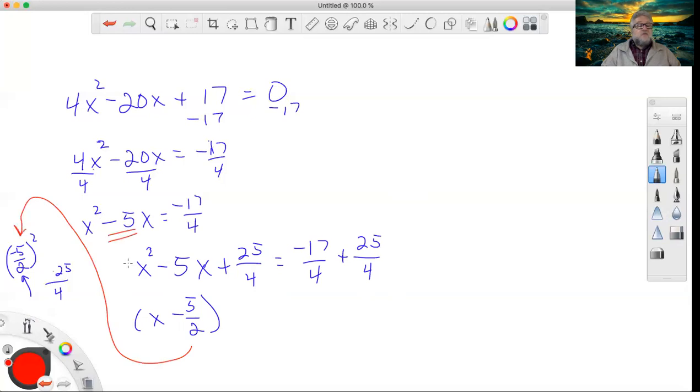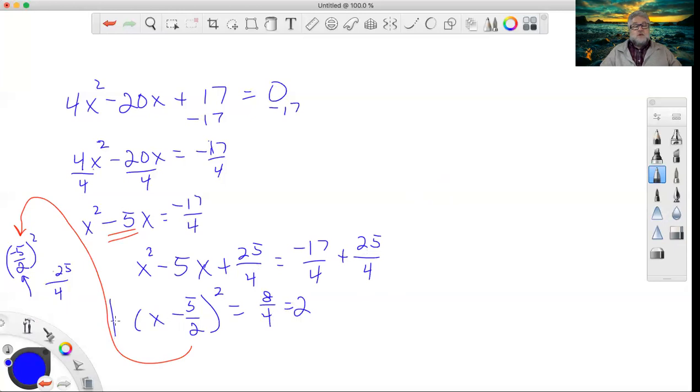It was half of this number. Squared equals, now I got to do 25 minus 17, so that'll give me 8, right? Yep. Equals 8 over 4, which is 2.